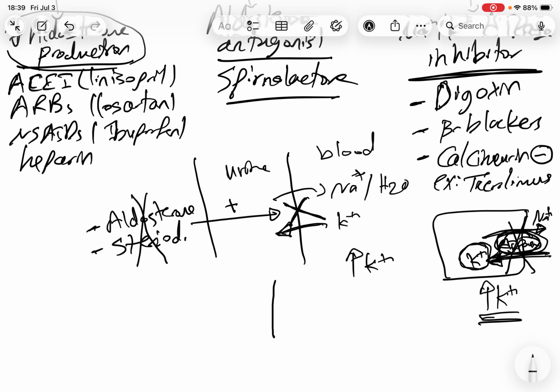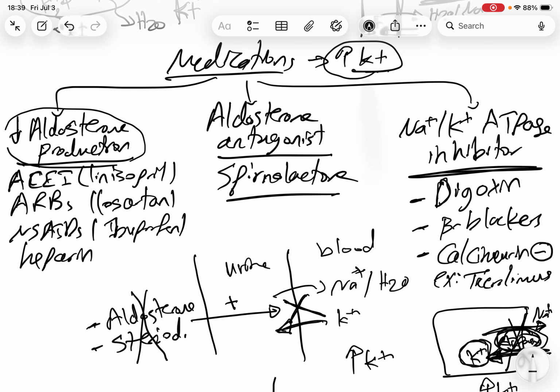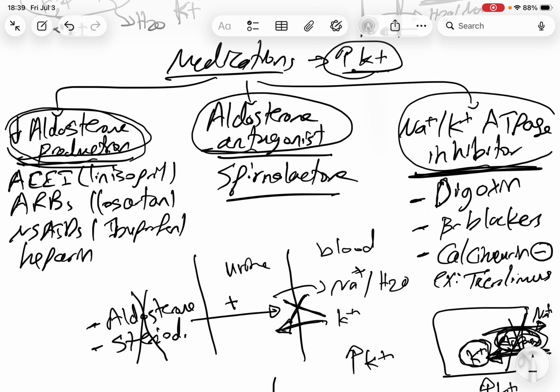So these are the medications that can cause hyperkalemia. So any medications that decrease aldosterone production or act as aldosterone antagonists or inhibit sodium potassium ATPase.